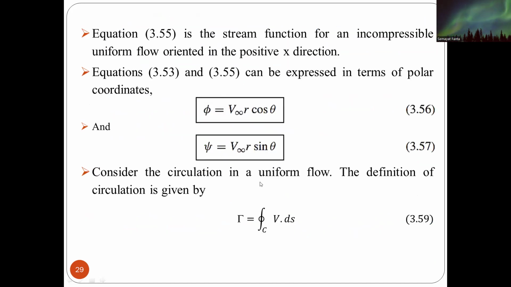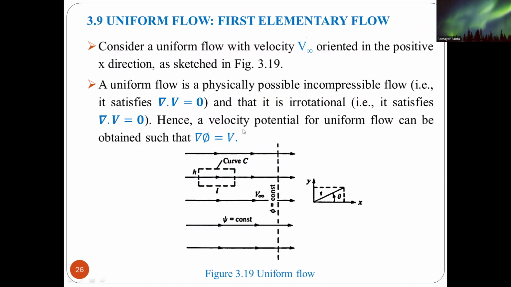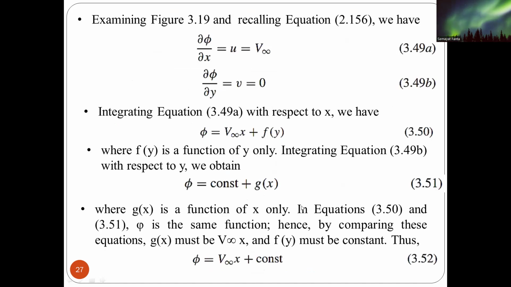Someone can define this in terms of the cylindrical coordinate system. Actually, we can decompose the components x and y. So here this r can be decomposed into x and y. For x, it is the cosine relation, and for y, it is the sine relation, with angle theta.